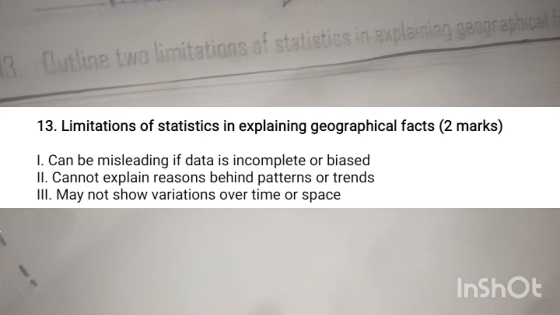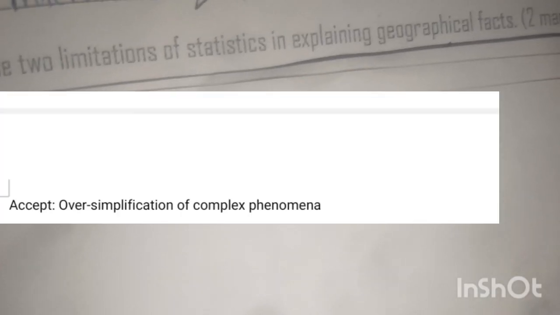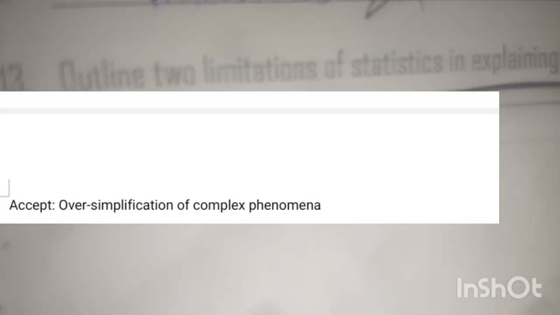So of course they can be misleading, especially if they're wrong. Sometimes they could be outdated. So for example, we're in the 21st century and you're using data from the 19th century. It makes no sense. No point.